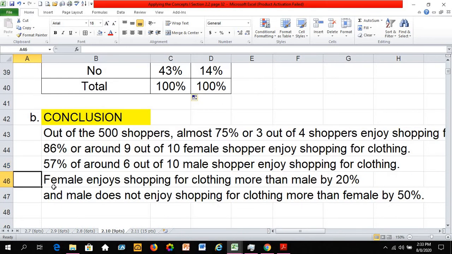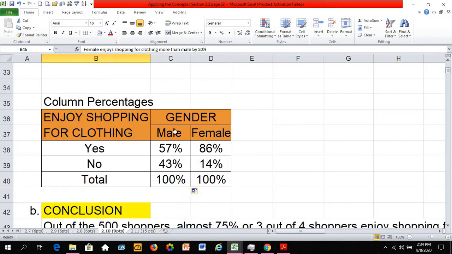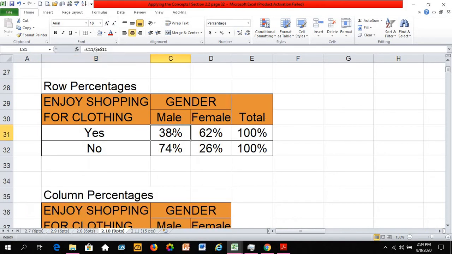Next conclusion: female enjoys shopping for clothing more than male by 20%. What did I infer? Took my inference. So this one, comparison between male and female. So this is almost 40%, and this is around 60%.